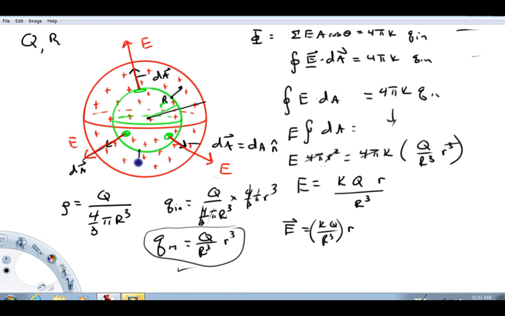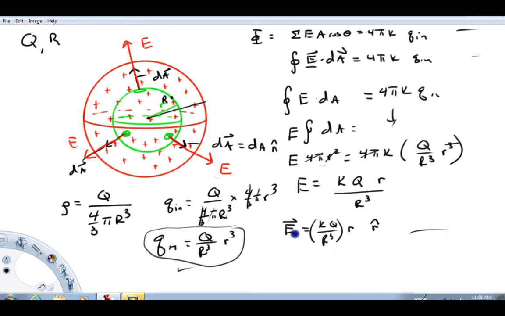At this point it would be this way, at this point it would be this way, and so forth. So what I can do is I could just define a unit vector for that. And that unit vector is in the direction of the radius. So I'm just going to put r hat here. So that means unit vector in the direction of r, and boom, there's my electric field vector for any points inside of the spherical surface.